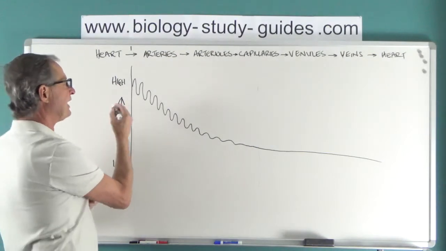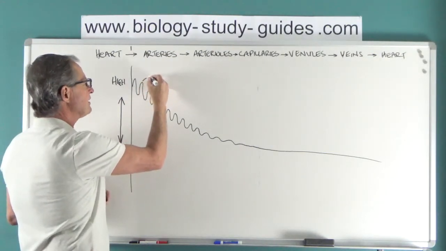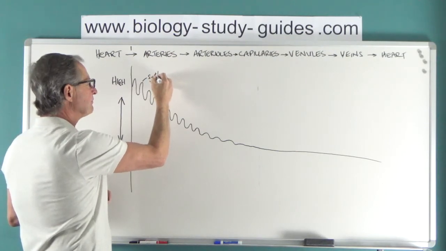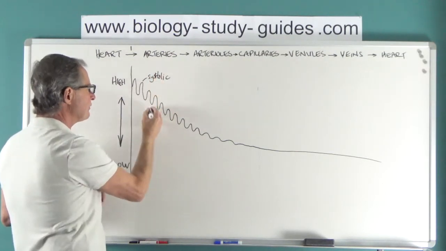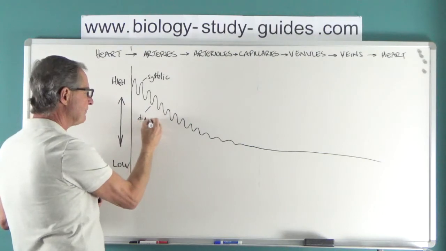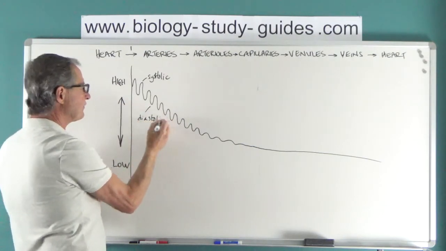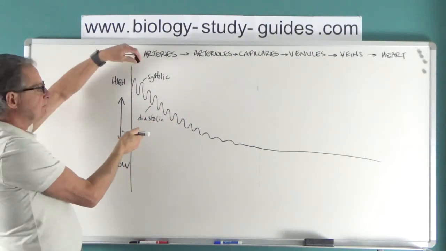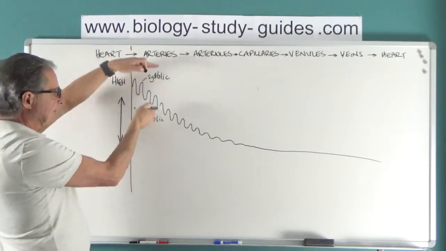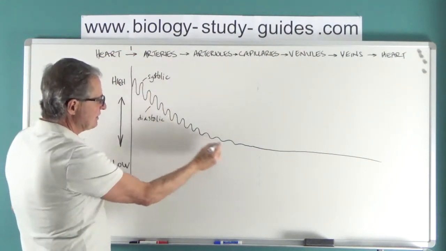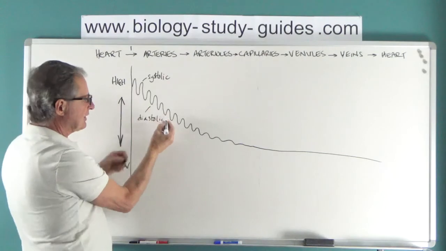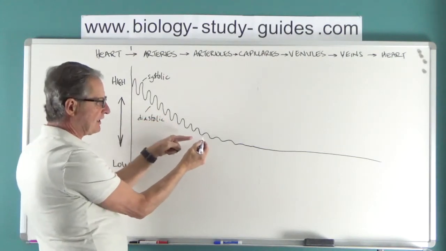Just to put a couple labels on here, this could be a systolic pressure, and this would be a diastolic pressure. So there's the blood pressure beating as the heart beats. As it gets further from the heart, the difference between systolic and diastolic decreases.